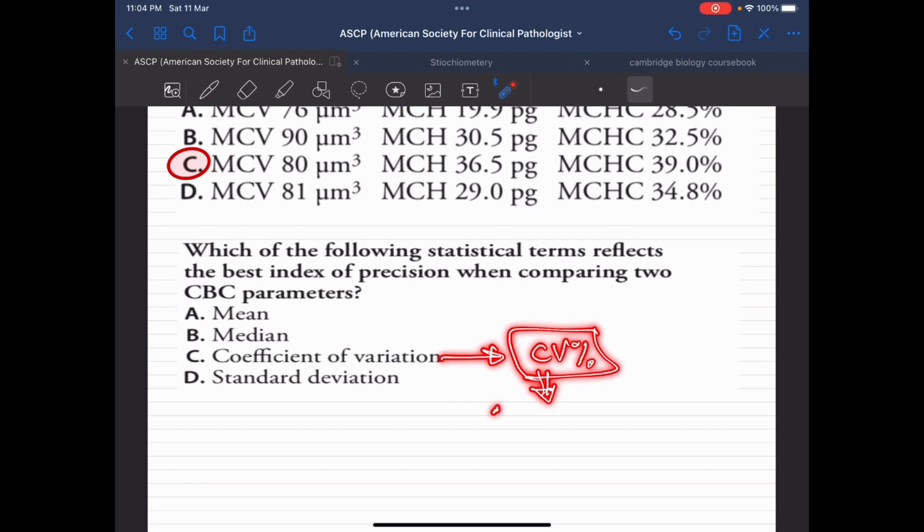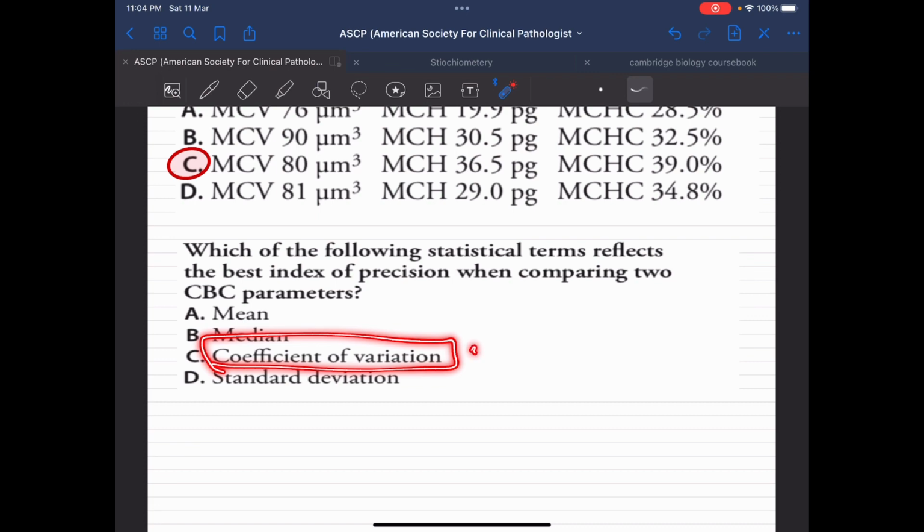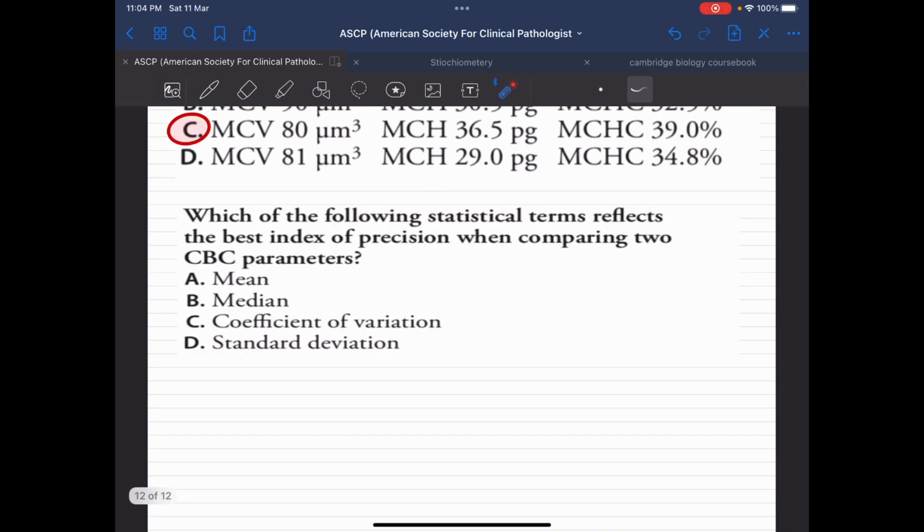You can use it to detect precision. So we always monitor CV% every month to see whether your analyte is precise or not. So the correct answer is C.